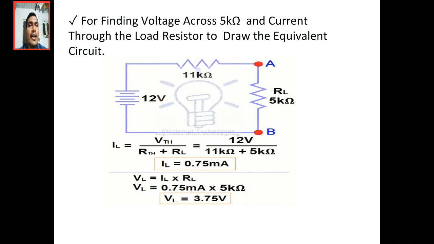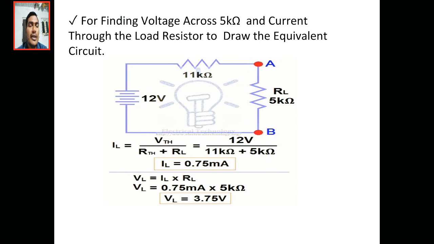Okay. Now to find the current through the RL, I equal to V by R, using Ohm's law. So 11 and 5 are in series. So I equal to V by R, 12 by 11 kilo ohms plus 5 kilo ohms. So 12 by 16 kilo ohms gives 0.75 milliamps. This is the load current which is flowing through the load.